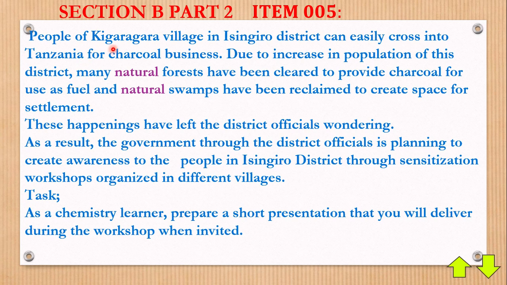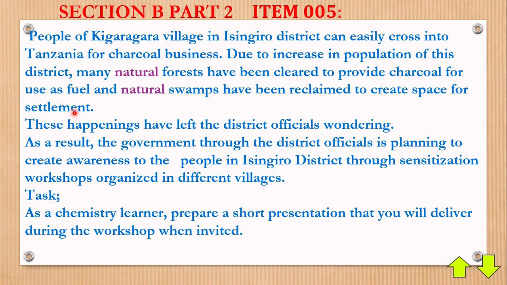They're saying the people of Kigaragara village in Isingiro district can easily cross into Tanzania for charcoal business. Due to the increase in population of this district, many natural forests, I've underlined the words natural forests, have been cleared to provide charcoal for use as fuel, and the natural swamps have been reclaimed to create space for settlement.